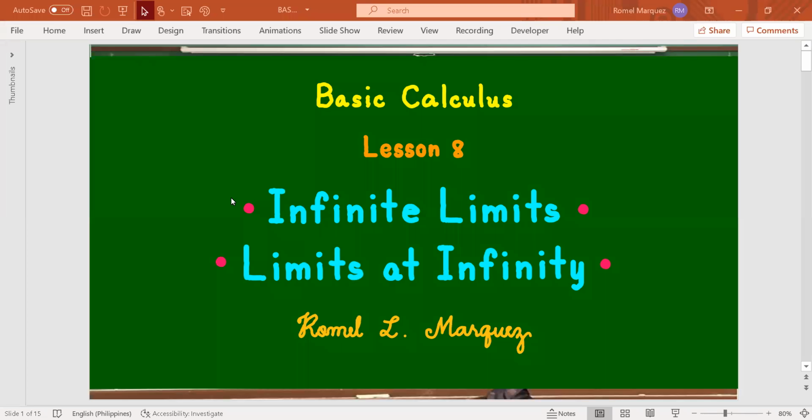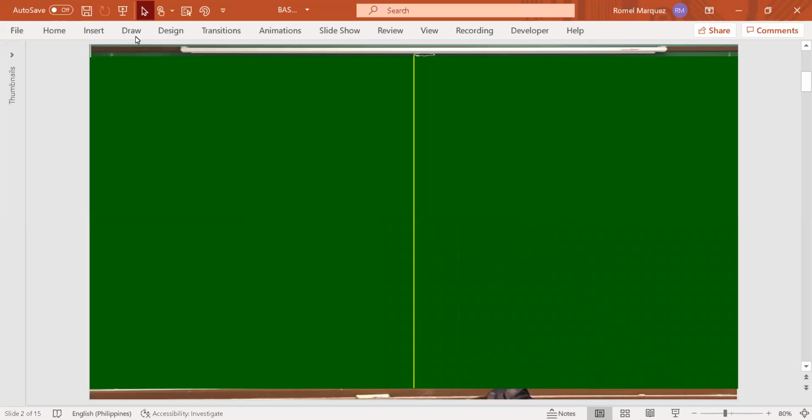Okay, again, so we are going to discuss infinite limits and limits at infinity. So first, we're going to define another indeterminate form, and this is indeterminate form infinity over infinity. When do we say that a quotient takes the form of indeterminate form infinity over infinity?